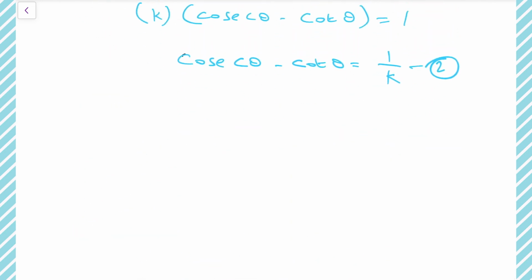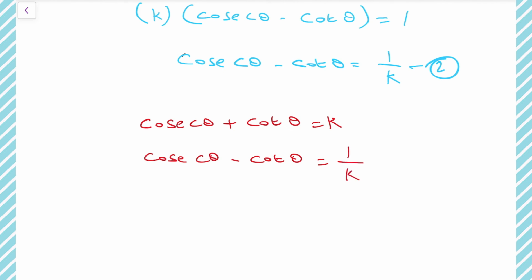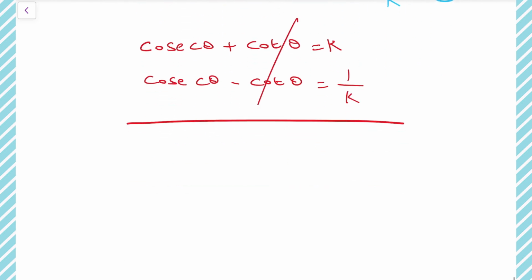Adding these two equations. Cosec theta plus cot theta equals k. Cosec theta minus cot theta equals 1 by k. Plus cot theta and minus cot theta cancel. Then we remain with cosec theta plus cosec theta, 2 times cosec theta, equals k plus 1 by k.